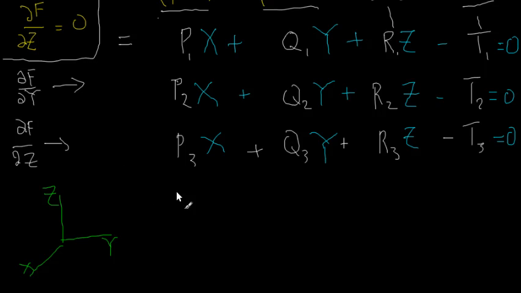So, for example, if one plane intersects with another plane like this, let's try to sketch. So let's say one plane there, and this other plane comes here. So 2 planes can intersect at a line. Okay, now if I have another plane, this other plane can cut through these 2 like this, maybe.